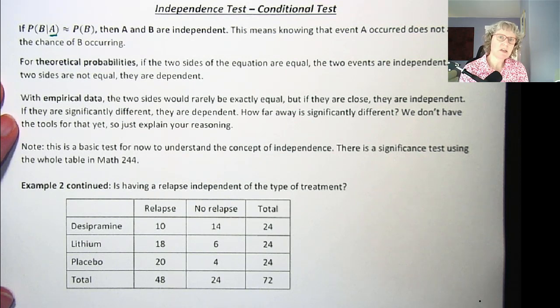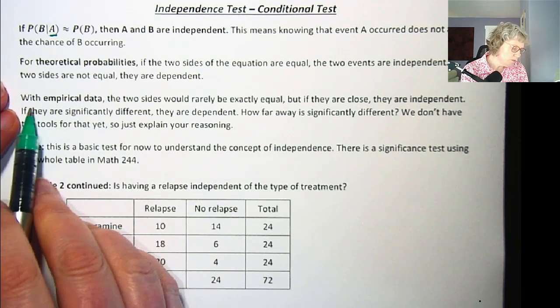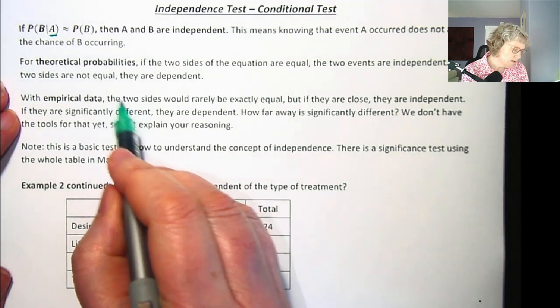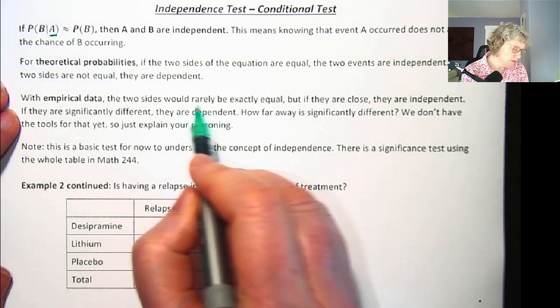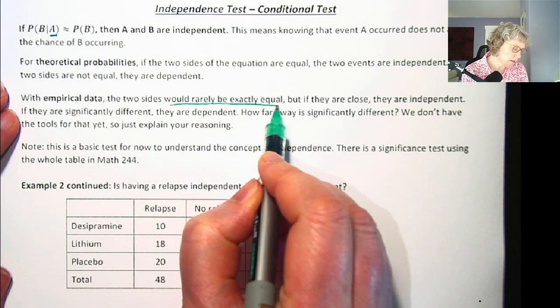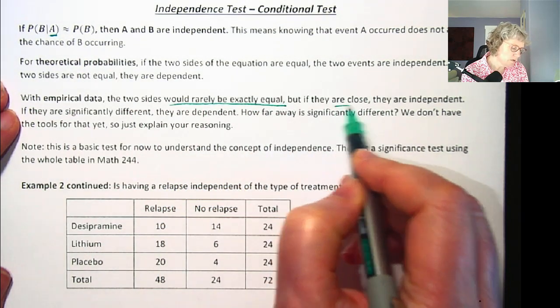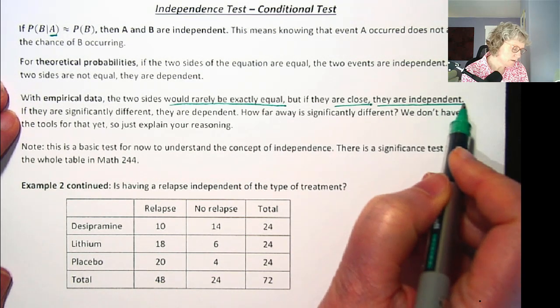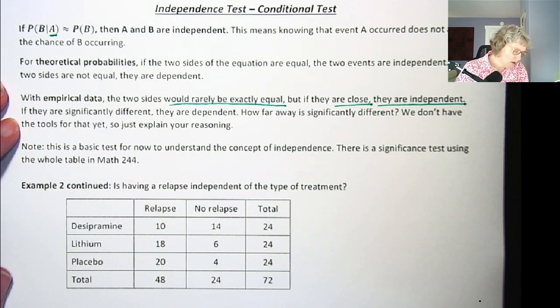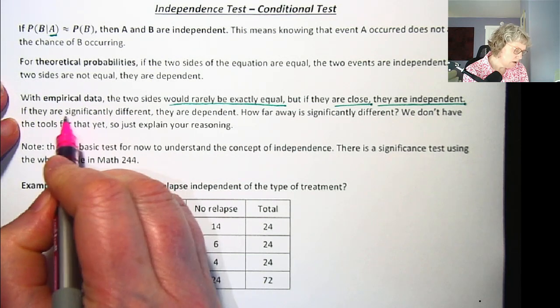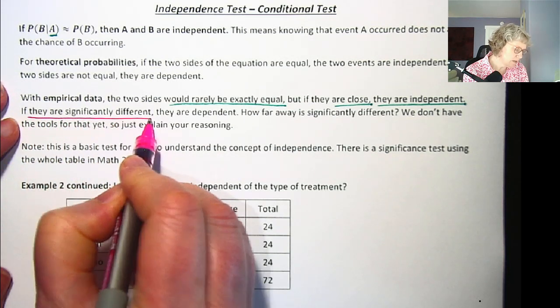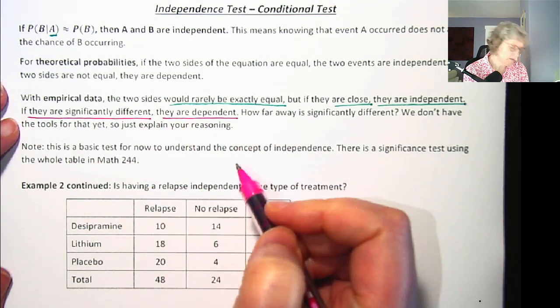That's why I'm saying approximately equal with the squiggly equal sign. With empirical data, these two probabilities would rarely be exactly equal. But if they're close, they're independent. If the two sides are significantly different, they are dependent.